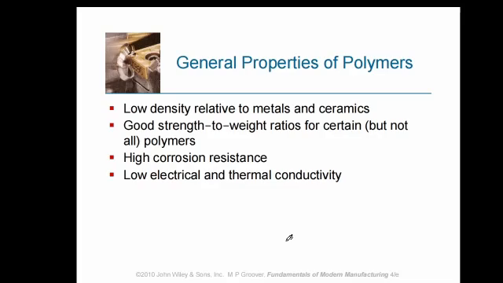Polymers have low density when compared to metals and ceramics. They also have a good strength to weight ratio for certain polymers. So you find that for a similar weight of polymer, it can exhibit huge strength, maybe it can resist tensile and compressive pressures.